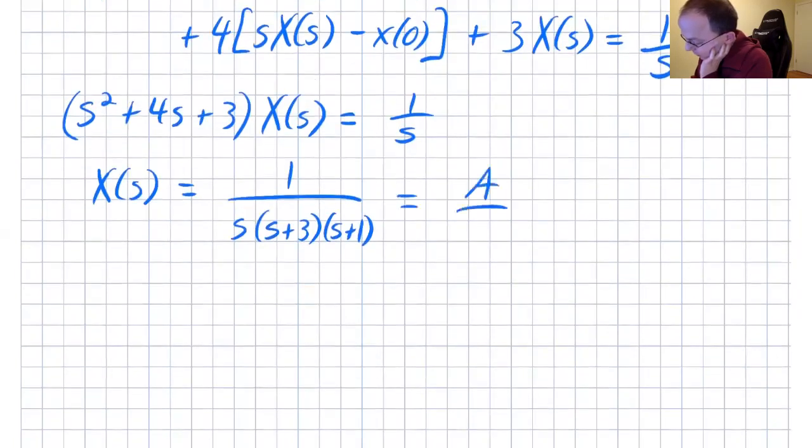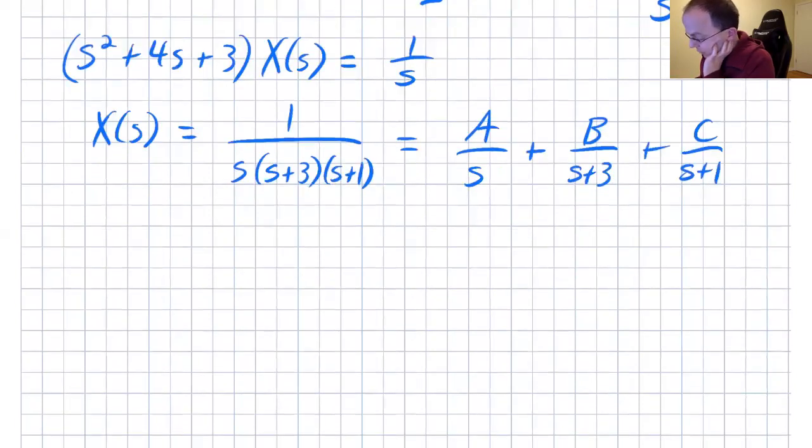So the form that we're looking for is A over s plus B over s plus 3 plus C over s plus 1. Multiply both sides by the denominator, and we get 1 is equal to A times (s plus 3)(s plus 1), because the s cancels.